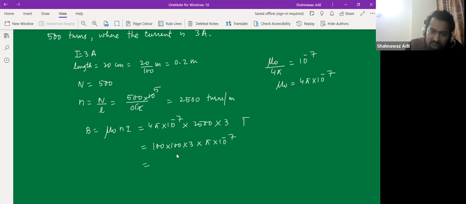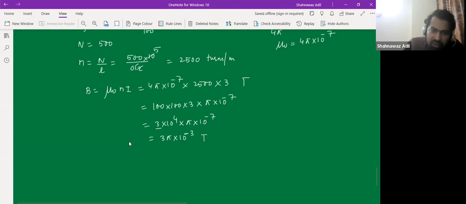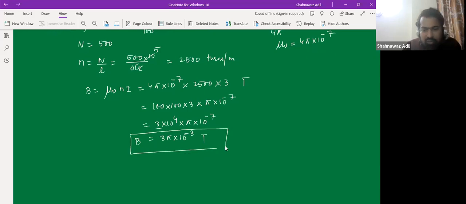So this is 3 into 10 to the power 4 into pi into 10 to the power minus 7, which is 3 pi into 10 to the power minus 3 Tesla. This would be the magnitude. Clear? They generally ask this question in the exam. Magnetic field of a solenoid is very important. Is it clear?